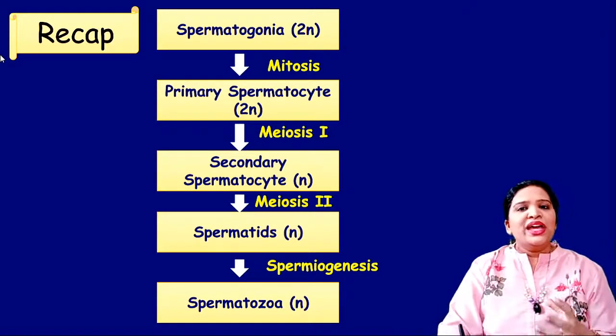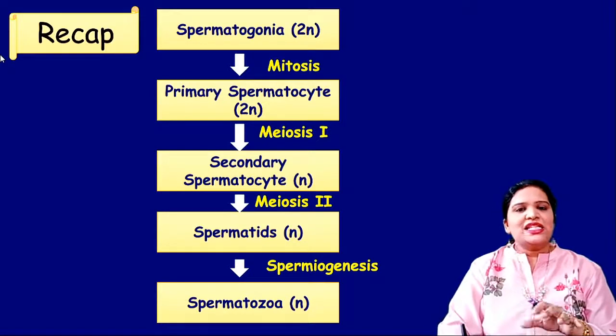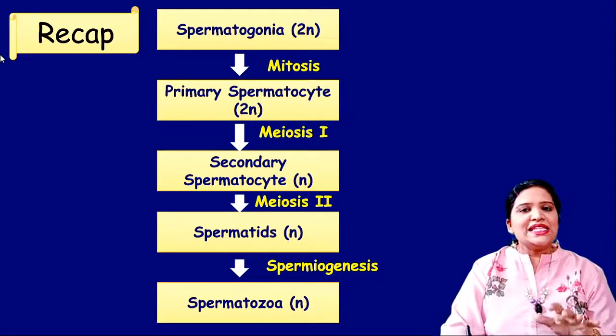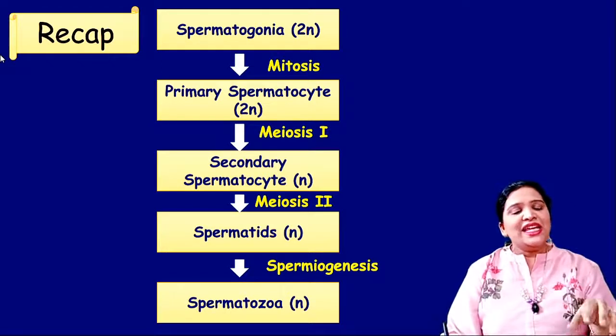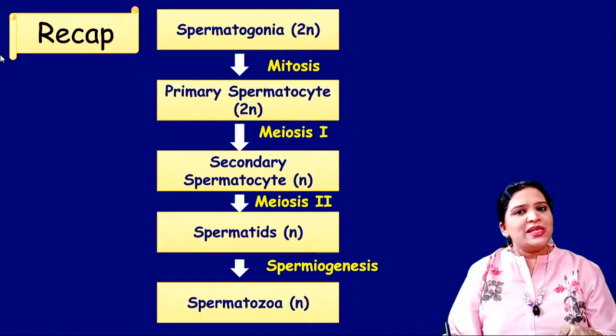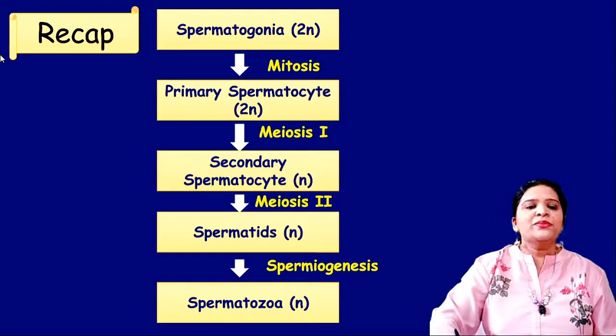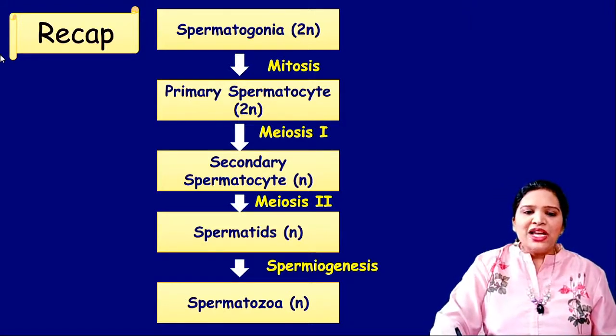See, where does spermatogenesis occur? Spermatogenesis occurs in the seminiferous tubules of the testis. Initially in the seminiferous tubules, what is present? Primordial germ cells are present. After the boy attains puberty, because of hormonal activation, spermatogonia, the sperm mother cells, are produced.